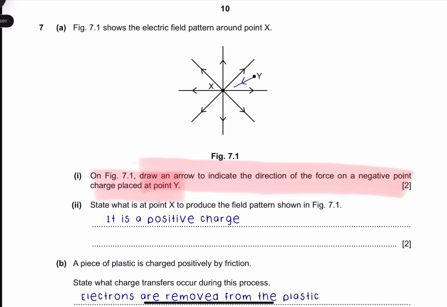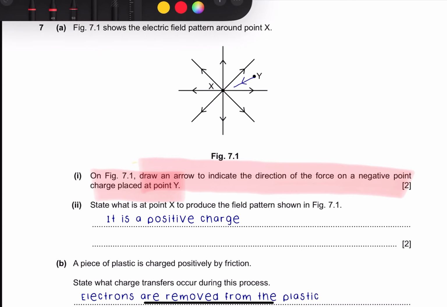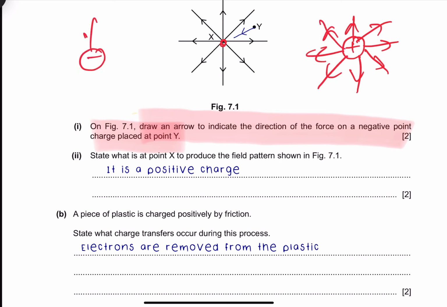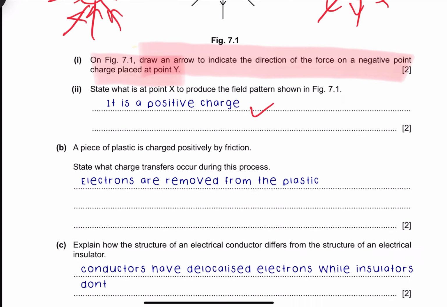We know that electric field lines always originate from a positive charge, and for a negative charge, they move toward the charge. So this is a positive charge.